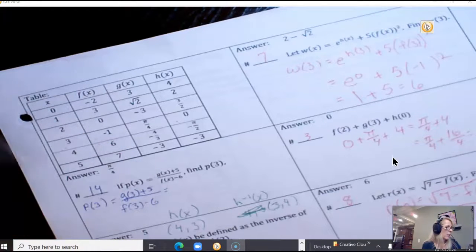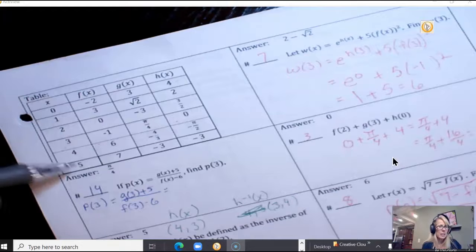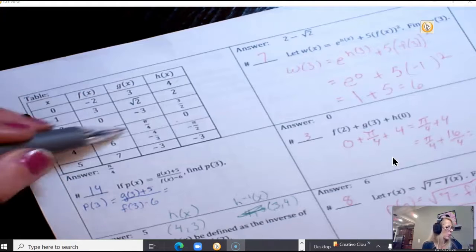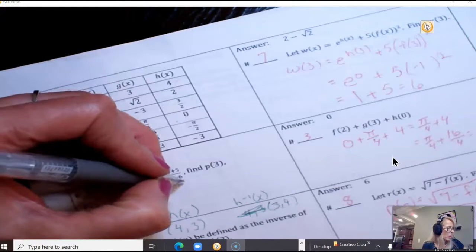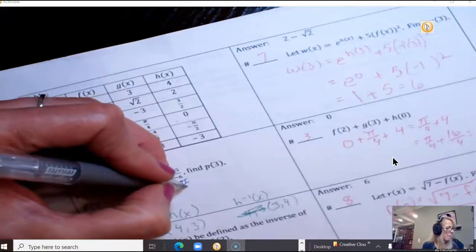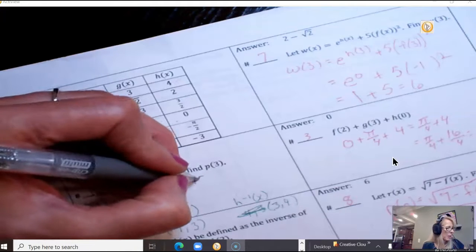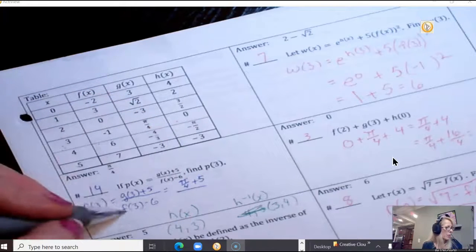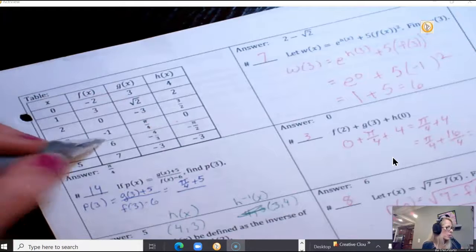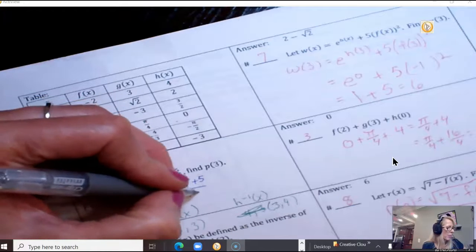So g of 3, again, we are really just using the table. So go to 3, go to g, pi over 4. This is just going to be some basic math, really. Over f of 3, negative 1, minus 6.